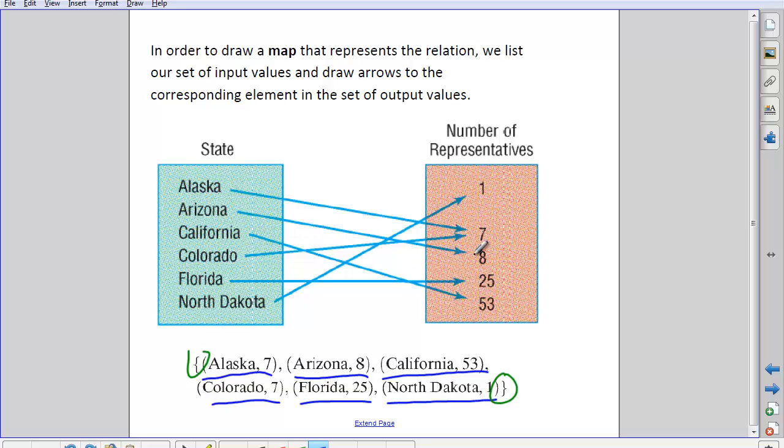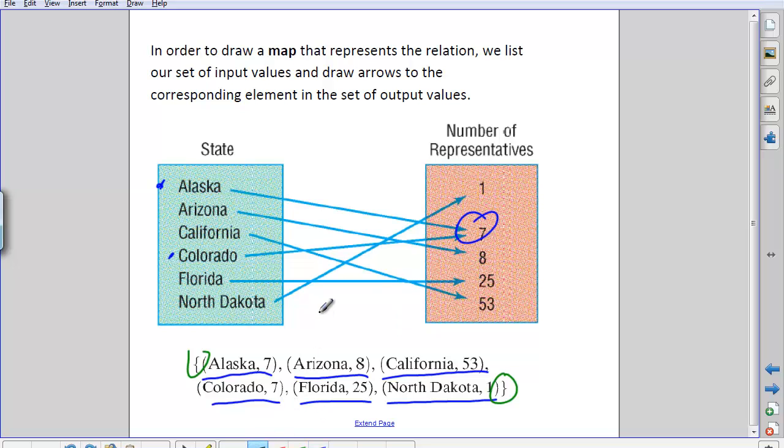California doesn't have 53 and 7. Each input has only one output. Notice that value 7. We do have two states that both have 7 representatives. That's not a problem. We can have several inputs that all go to the same output. That doesn't violate that definition.